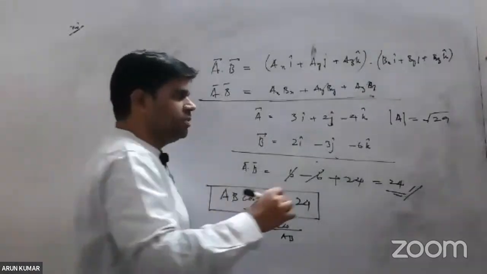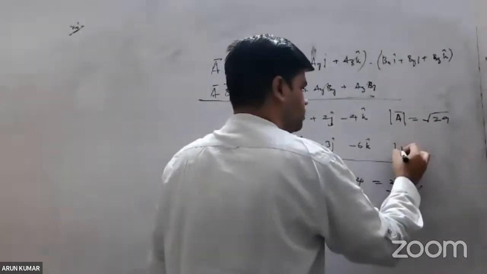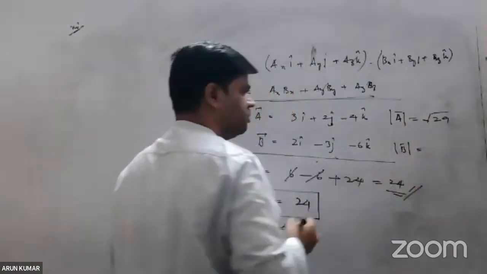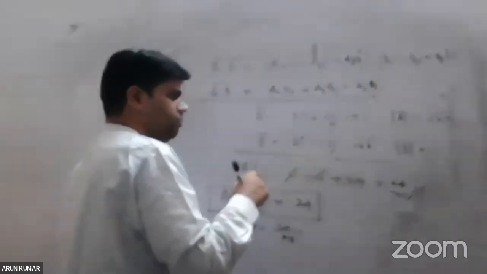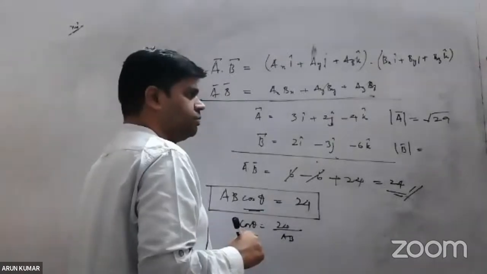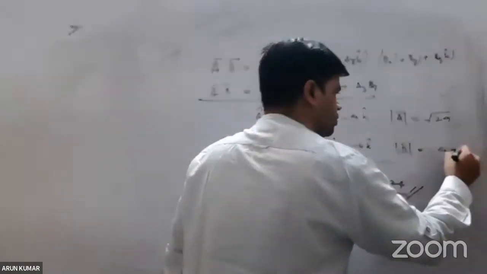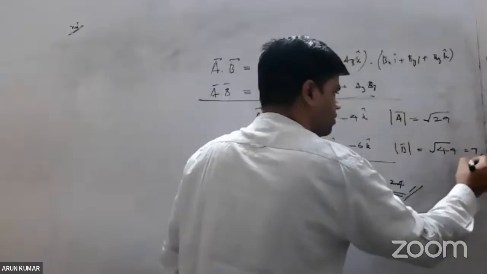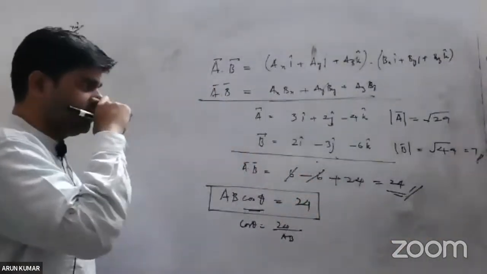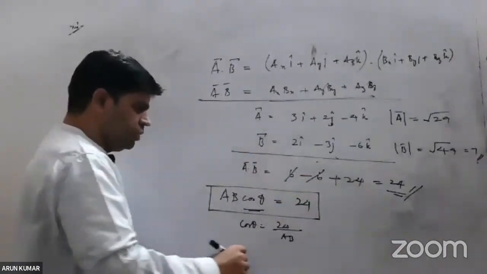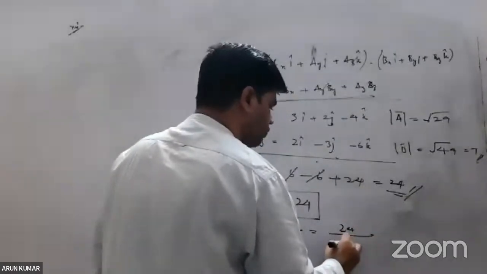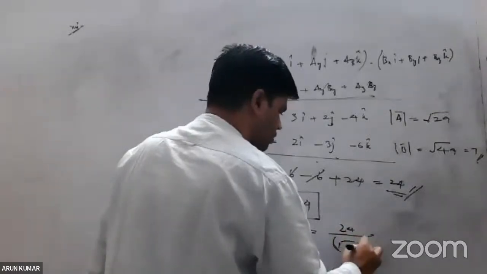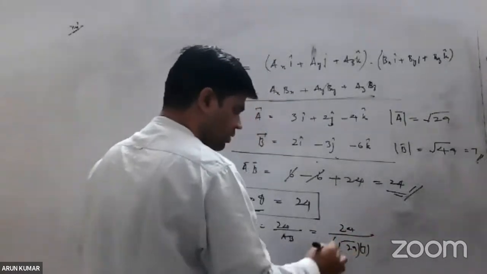And mod B, how much is mod B, students? Root 49. That is 7. Right, length, so I'm just taking the positive 7. So my answer would be 24 by root 29 into 7.